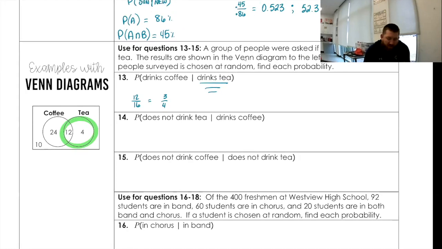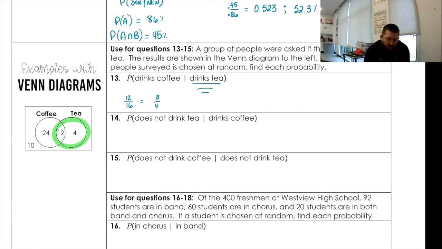So the next one. Oh, come on, eraser. Does not drink tea given they drink coffee. So there's our new denominator. Who drinks coffee in this thing? So we go back to the highlighter. Oh my goodness. The circles are off today. And we go back to our highlighter. How many people that were surveyed drink coffee?